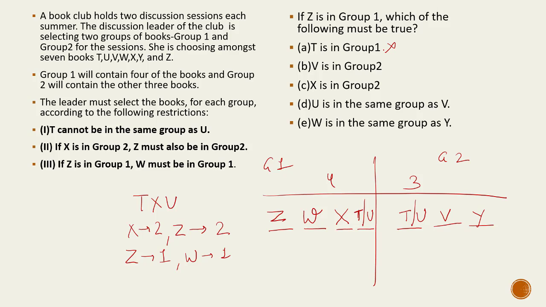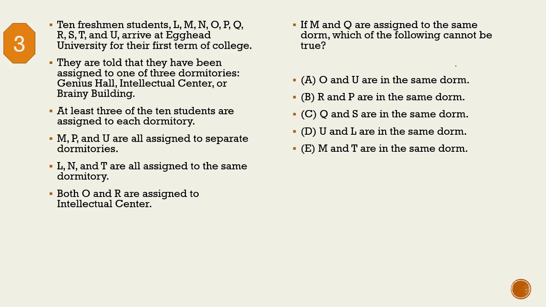Yes, because there's no other place where I can allocate V as of now. There is a surety to it because I have already completed the members of group 1, which were Z, W and X, and anyone among T and U. So our answer here should be V is in group 2. This would always be true given the conditions here. So here we have another question.